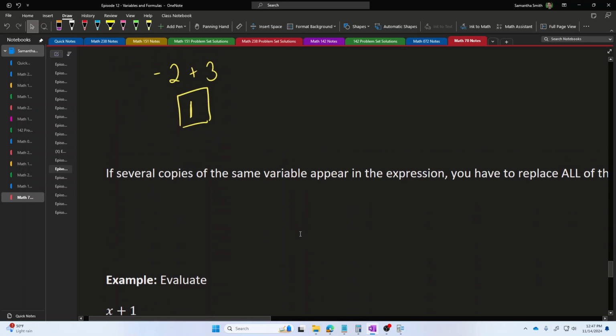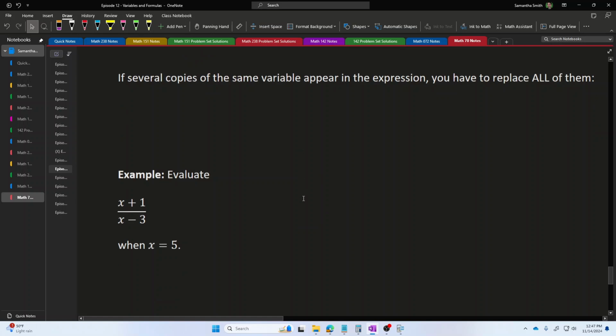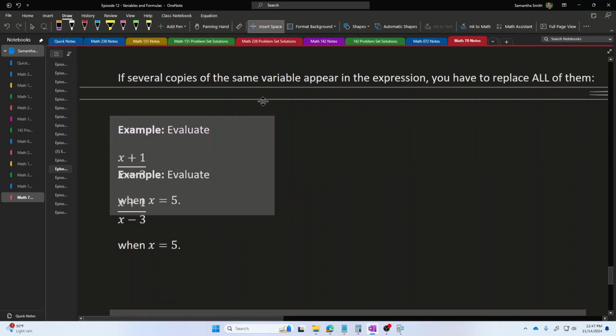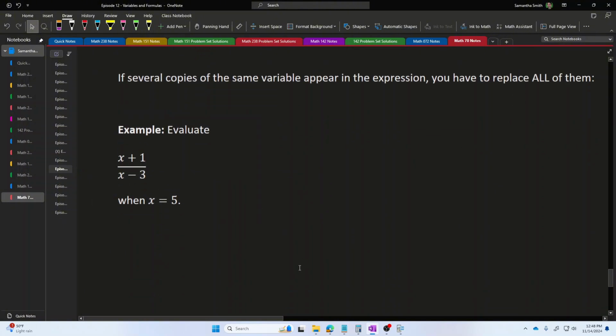Now, from time to time, you will run across an expression where there are multiple copies of the same variable in different places. If you're evaluating an expression like that, just be careful to replace all the copies of that variable with the given number.